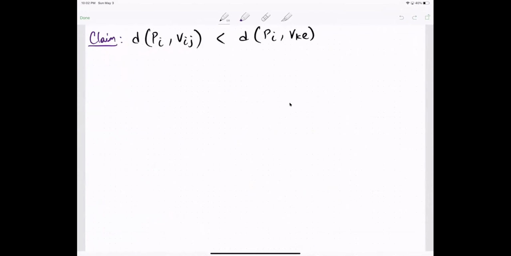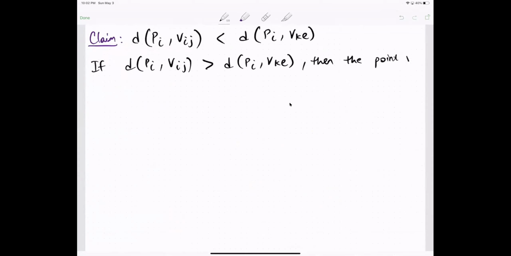Because if it was the other way around, if the distance from Pi to Vij is actually greater than the distance to Vkl, then that would imply the point Vkl will be inside disk Di.